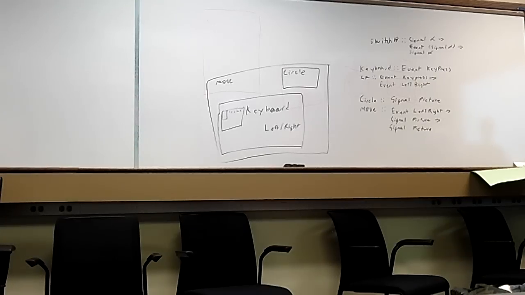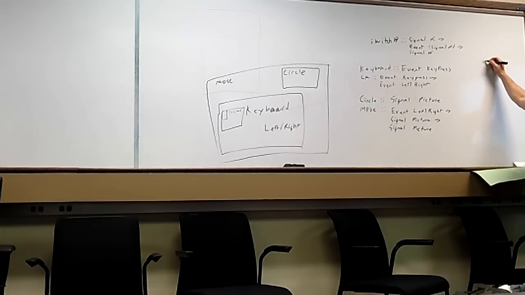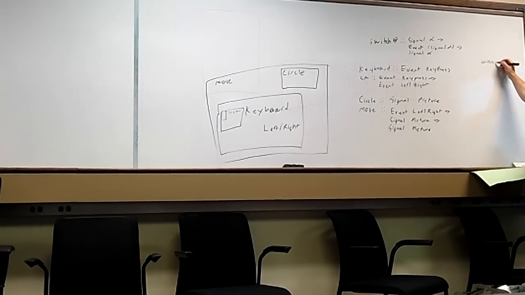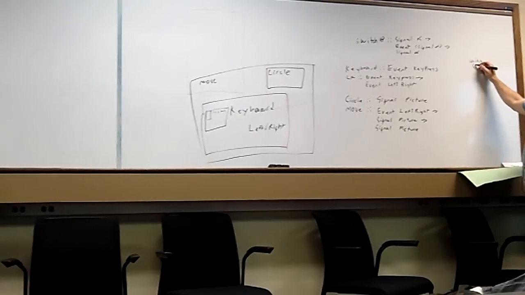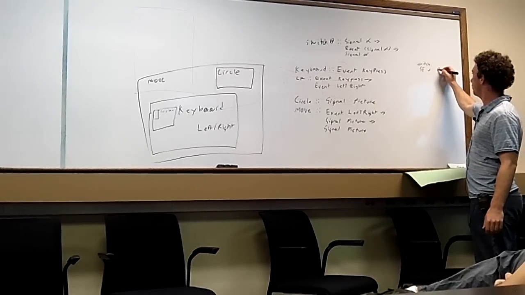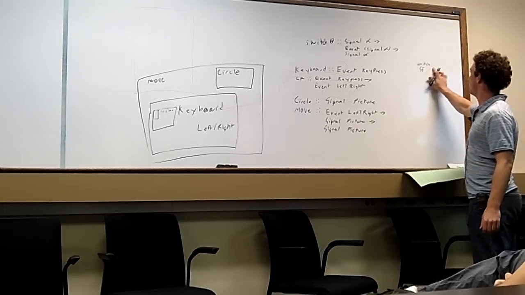So in single function FRP, our switch looks like... well, let's do it with signal vectors.